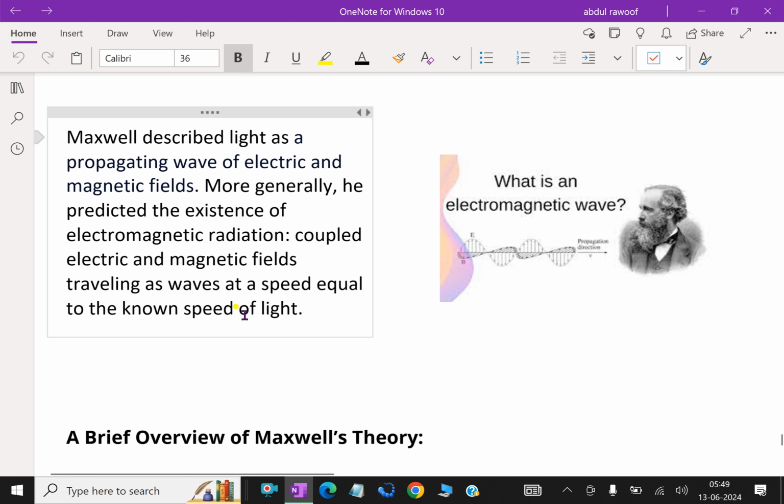Maxwell's theory deals with these electric charges and their effects, especially when they are moving. In the vicinity of an electric charge, another charge feels a force of attraction or repulsion. Opposite charges attract, like charges repel.